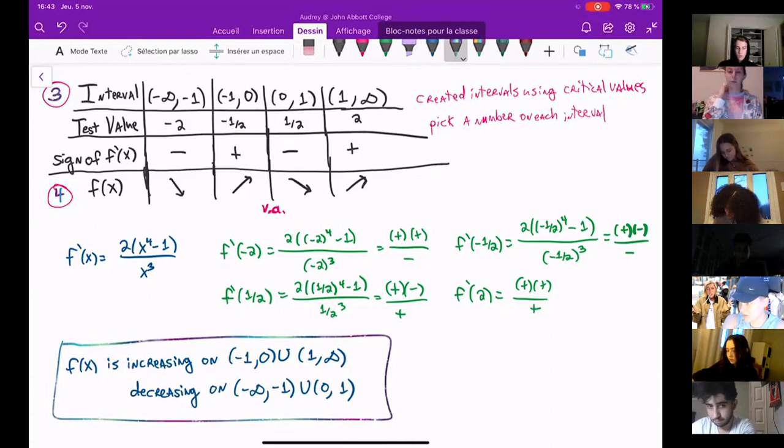And that's my final answer to this question. If they were to ask for local minimum or local maximum, that's what we're about to do right now.